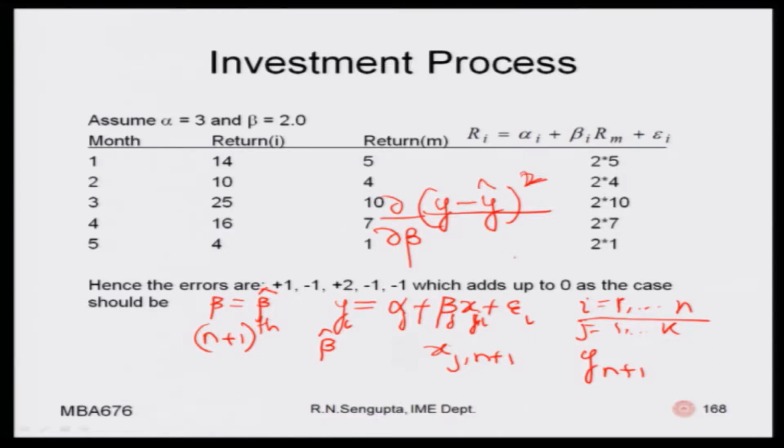This is known as the ordinary least square method, where we find the errors as the square of the differences of y and y hat, and sum them up. What I am using here is basically a vector.